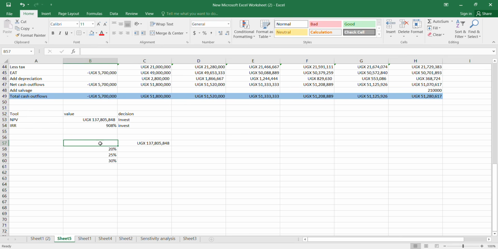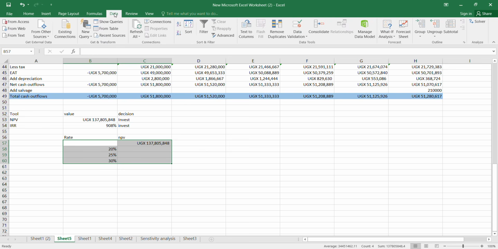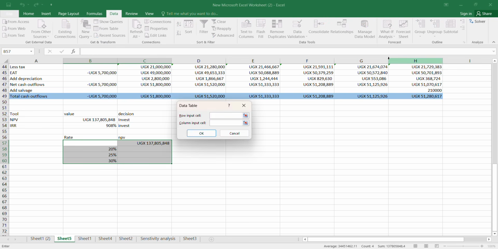Now we shall have our rate here and the NPV. So we shall highlight this and press the data tab, go to what if analysis, data tables.